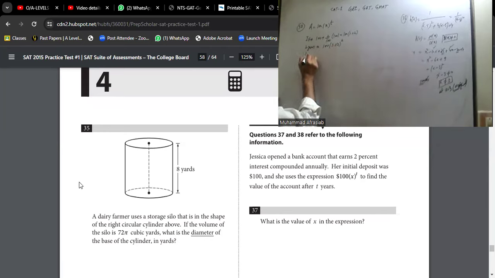After 3 years, its value will be 100 times 1.02 power 3.